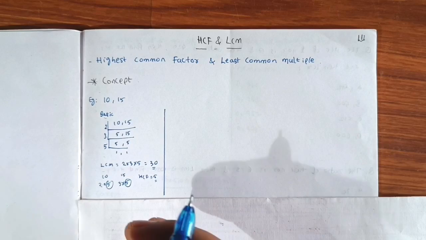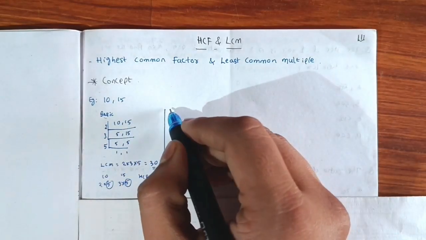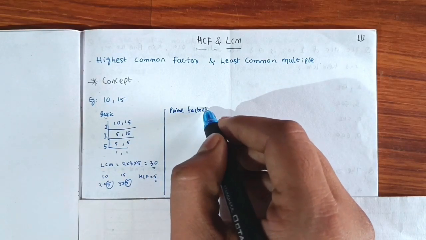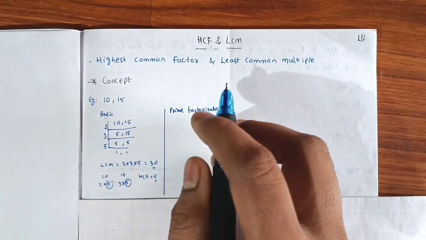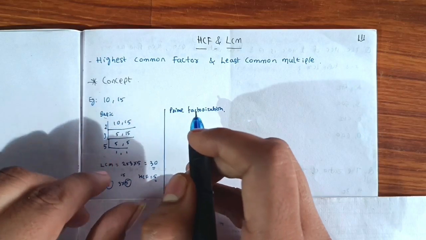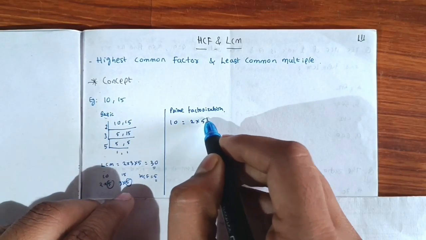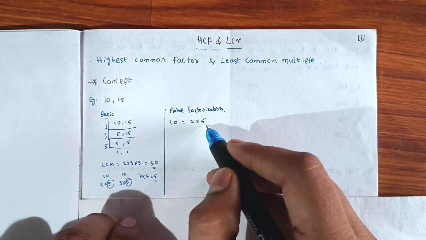Now let us find the same answers with another method, the prime factorization method. In this we write the number in the form of prime multiples. 10 we can write as 2 cross 5, 2 5s are 10, 2 is a prime number, 5 is a prime number.